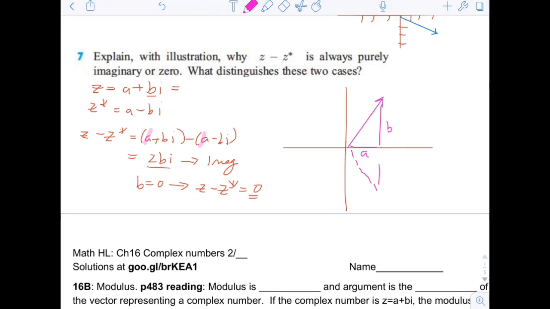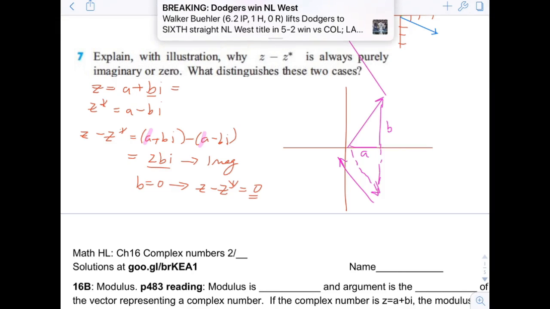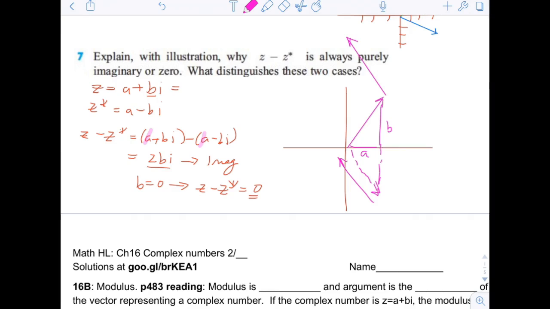But if I'm going to subtract the conjugate, then instead of pointing that way, it's going to point this way, like adding the inverted direction conjugate. It's going to look kind of like that. So this is z, and this is negative z conjugate. Do you see how when you add the two together, you're going to be somewhere on the y-axis?